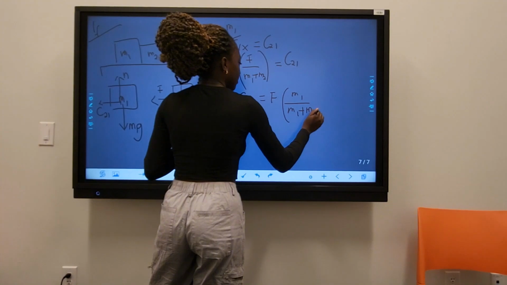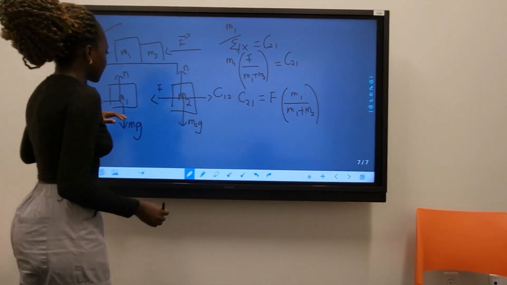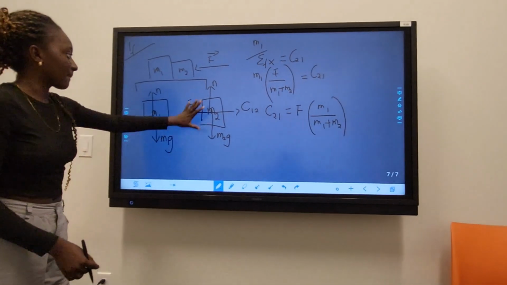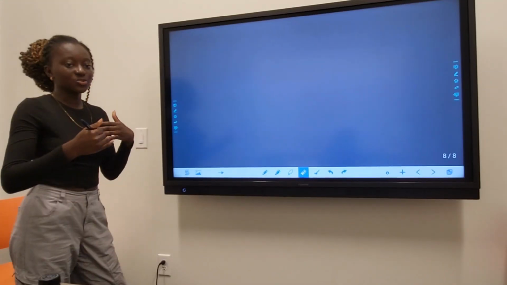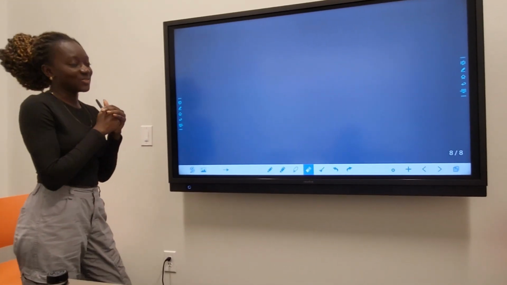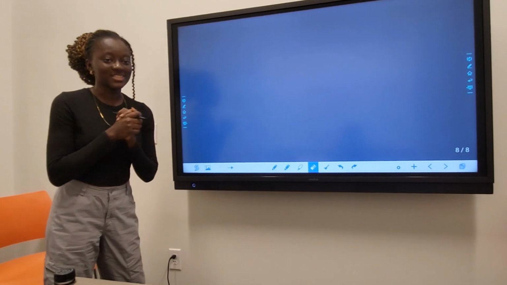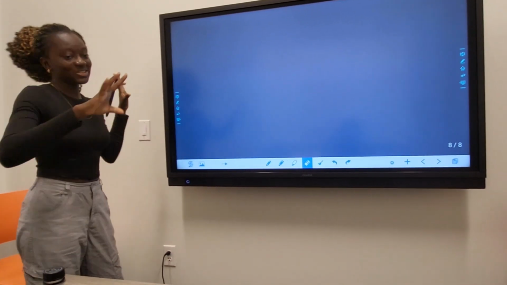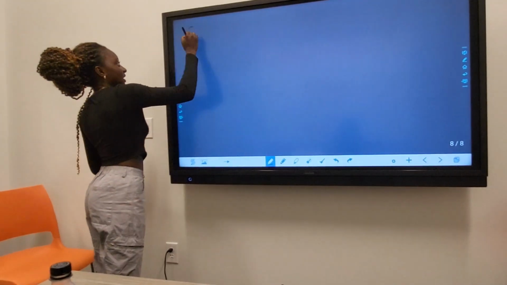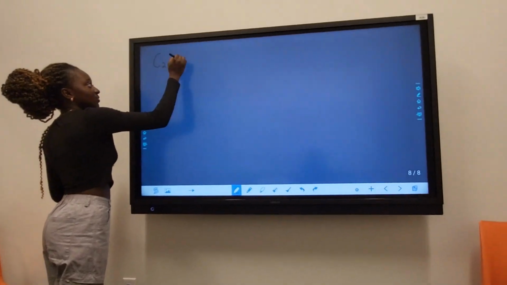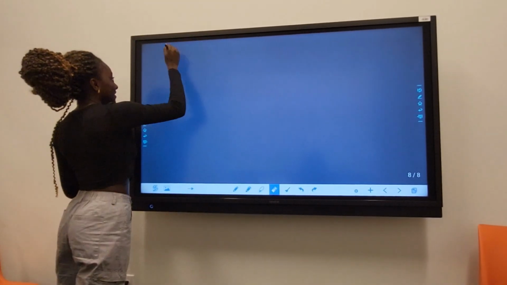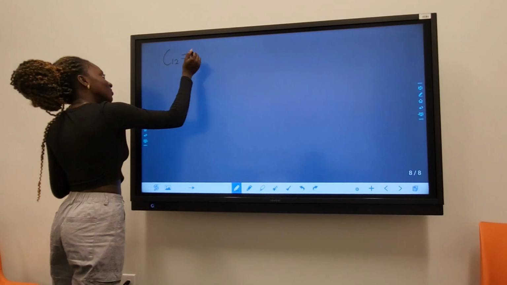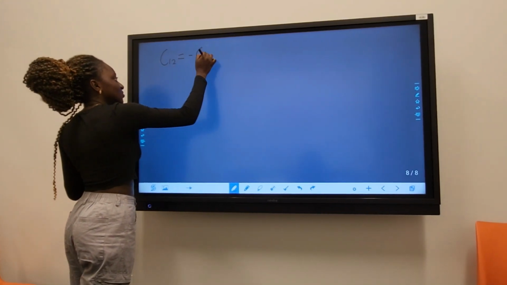Now we are going to resolve the forces for M2. The force in the positive x direction is equal to the negative of the one in the negative x direction, meaning that the magnitudes are the same. So here we have the same thing: C12 will be equal to negative C21.